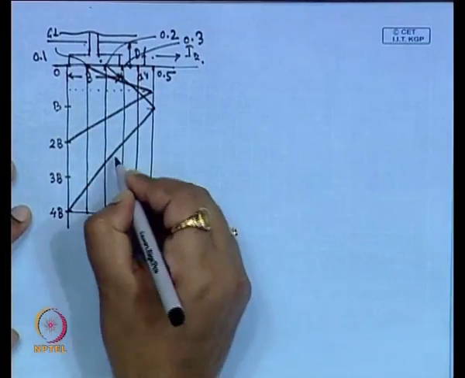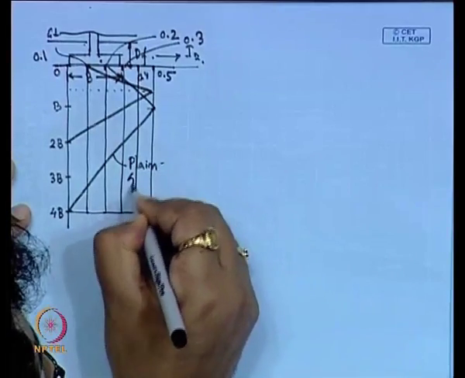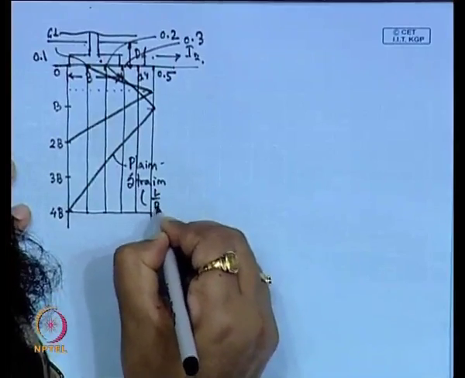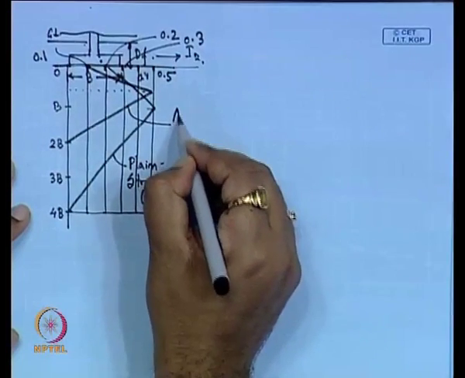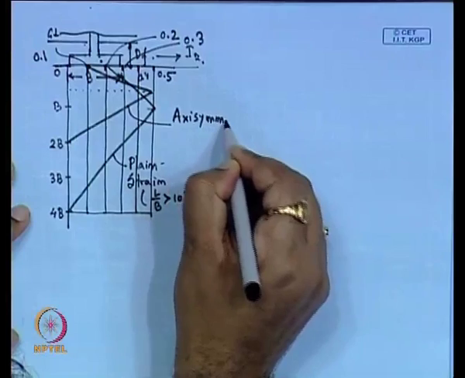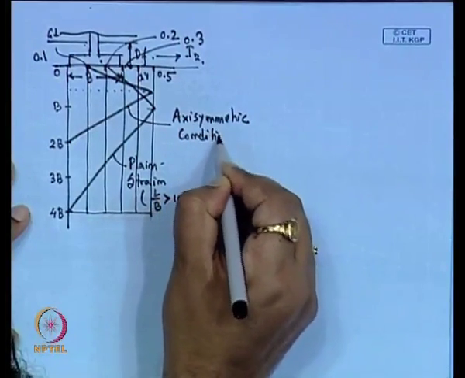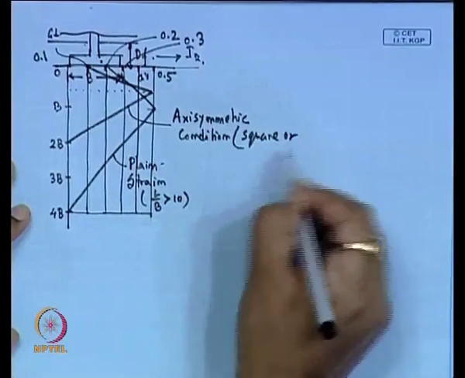That means this is for the plane strain condition, where L by B is greater than 10, and this is for the axisymmetric condition, similarly for the square or circular footing.